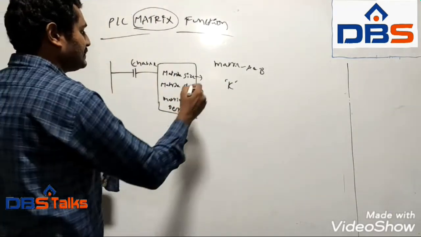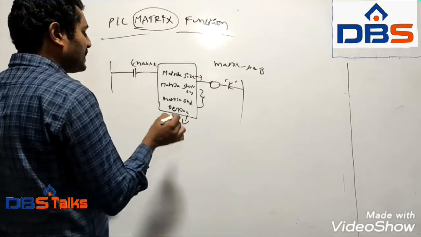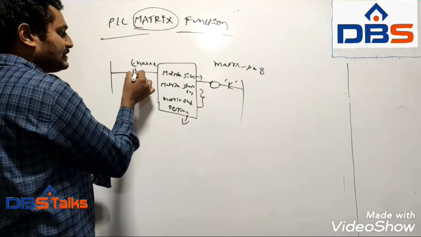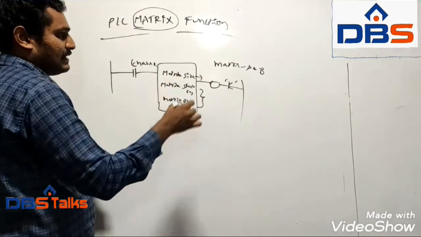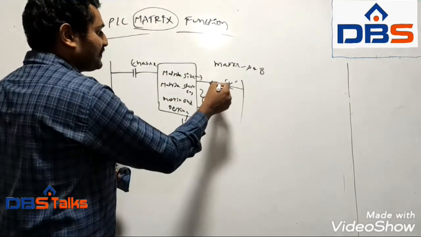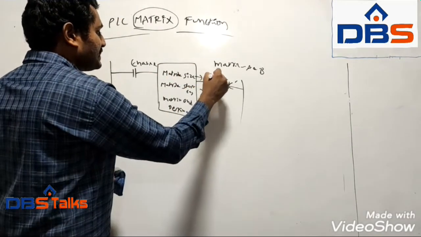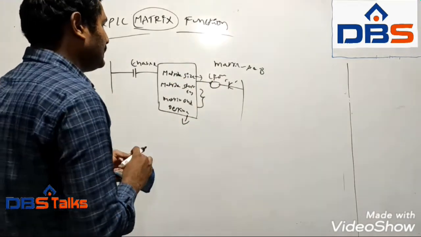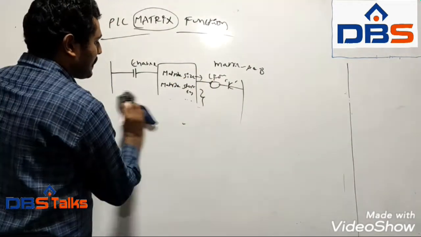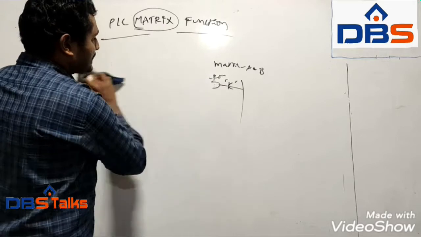Whenever the enabling input is on, the function block is under operation, and after completion the output function is on.